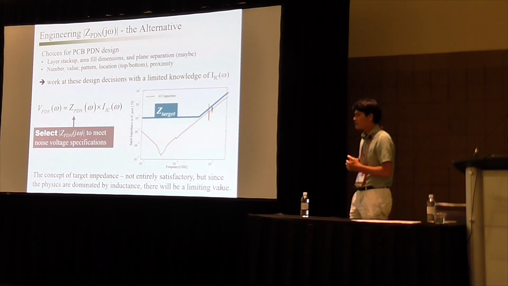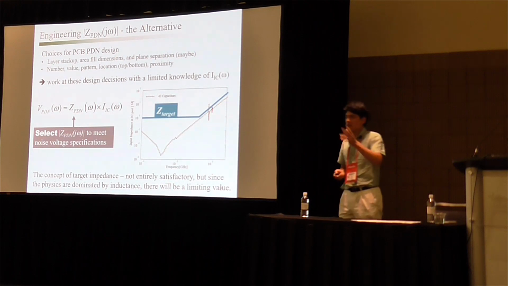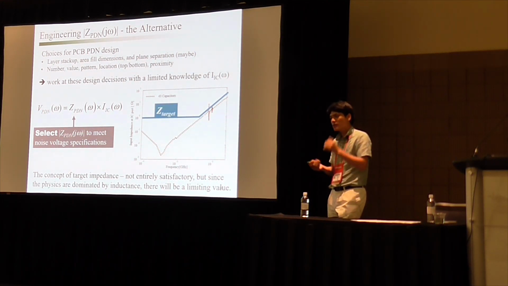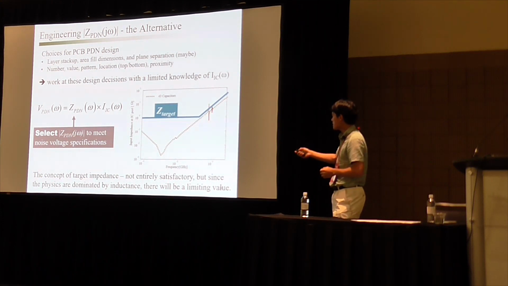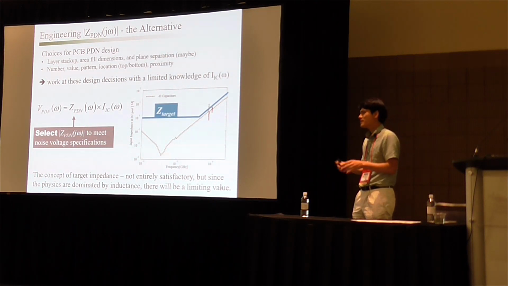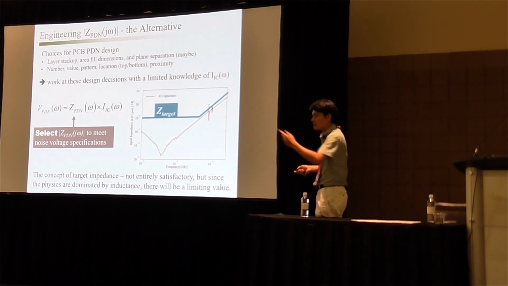Target impedance is believed to be a solid concept, but think about it: the voltage specification is defined in time domain, and this impedance and current are in frequency domain.